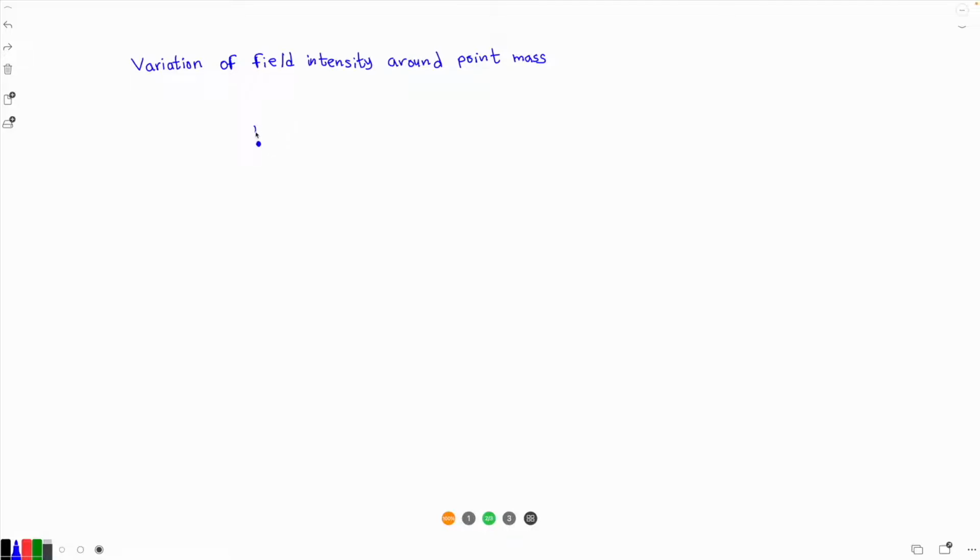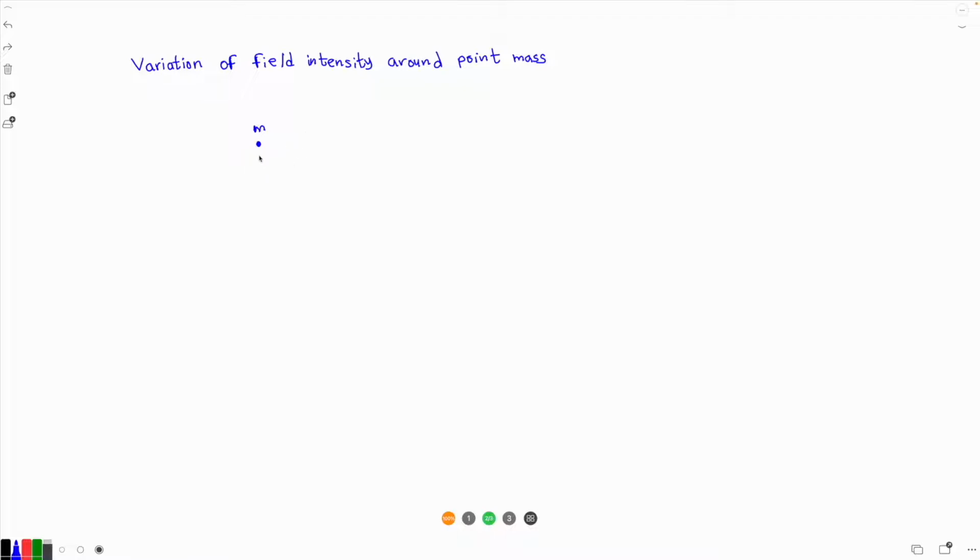So I'm going to consider the field intensity around. Around means right hand side and left hand side. This field intensity is a vector. It is a force, some force acting on a 1 kilogram mass. Since it is a force, we can say that the field intensity is a vector quantity.